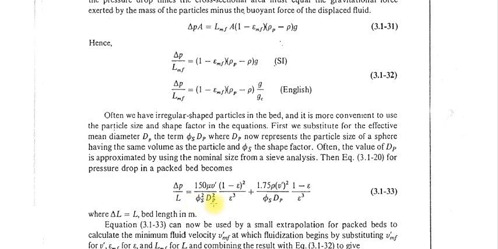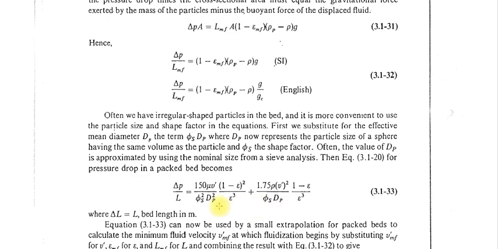If you have turbulent flow, when the Reynolds number of the particle is greater than 1000, the first term is neglected and you have only the second term. If the Reynolds number of the particle is greater than 10 and less than 1000, you have both terms. This is called the Ergun equation.